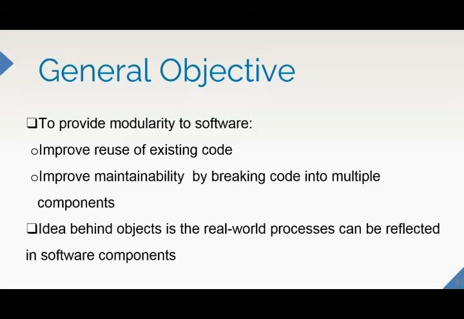The idea behind objects is that real-world processes can be reflected in software components. For example, we have a song player object. In a physical machine, we have wires, disc, different buttons, and so on. But when it comes to digital music, this process was moved into software. However, the basic operations of playing, pausing, stopping, moving forward, and moving backward remain the same in an object-oriented design.